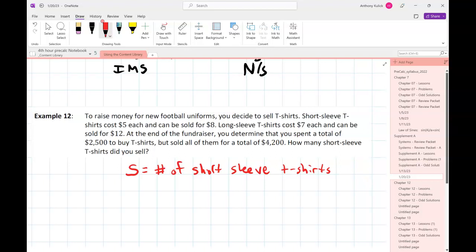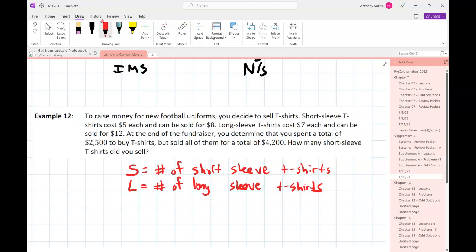Did we buy and sell just short sleeve t-shirts? No, we also bought and sold long sleeves. Do we know how many of those? Nope. That'll be my other variable then. And again, since we sold all the t-shirts that we bought, I'm just going to call L the number of long sleeves. Okay?